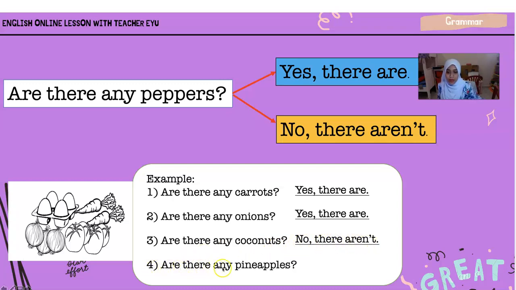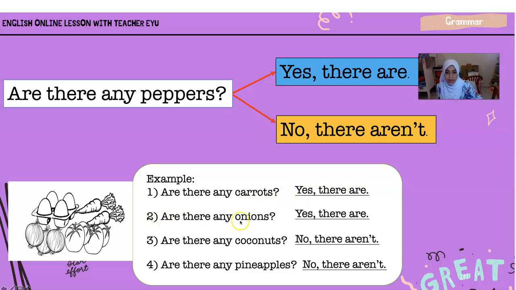Number 4, are there any pineapples? Can you see any pineapples here? No. So the answer is no, there aren't. Okay, now let's go through the examples one more time. Are there any carrots? Yes, there are.